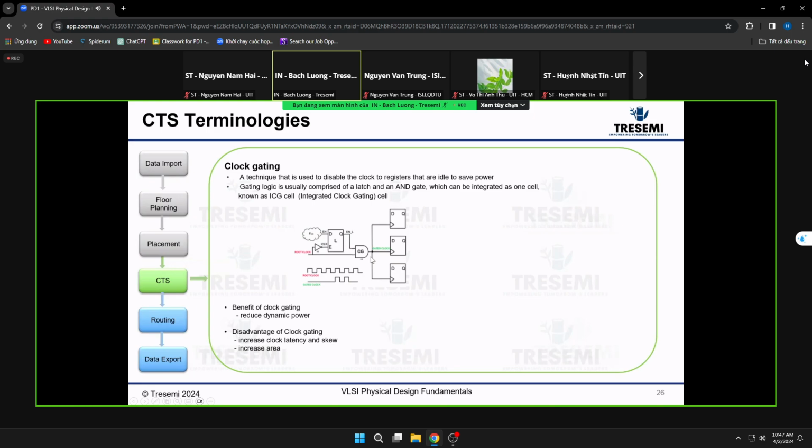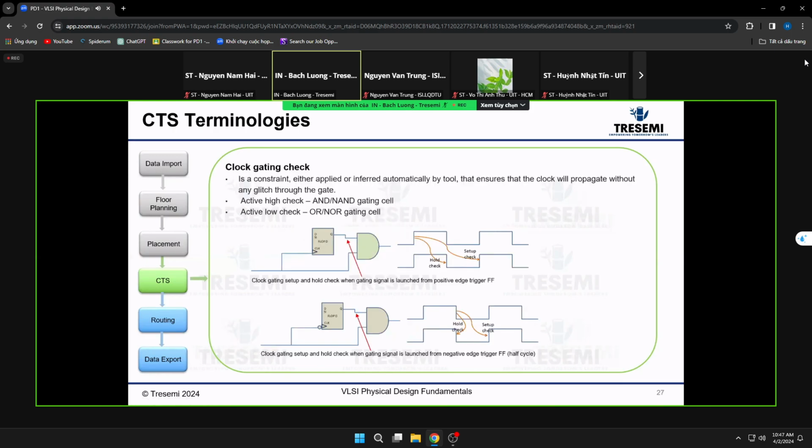So it's also slightly increased area. Okay, so there is a clock gating check to make sure that it meets both setup and hold time, so that the clock will propagate without glitches through to the capture flops.